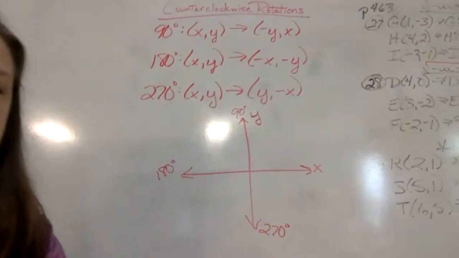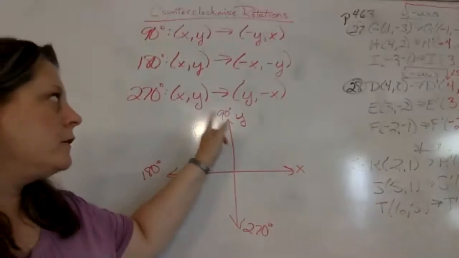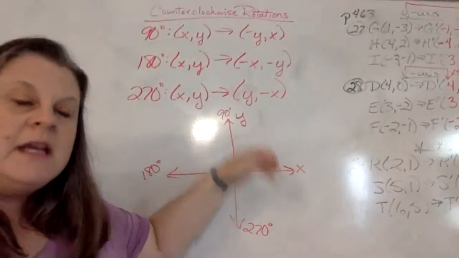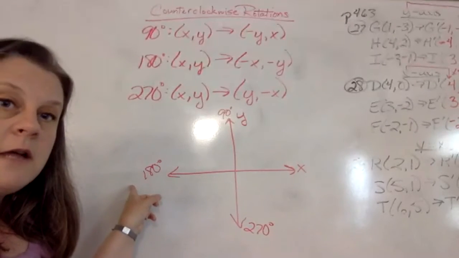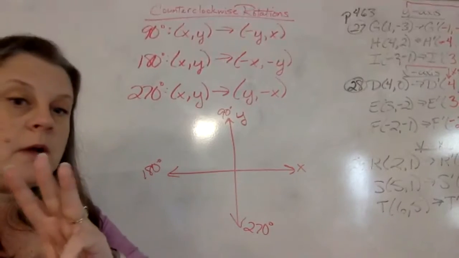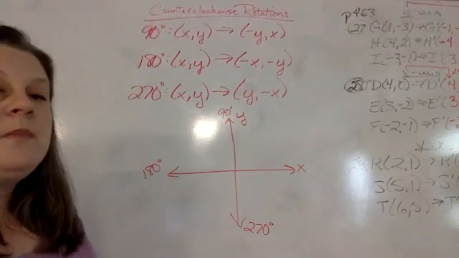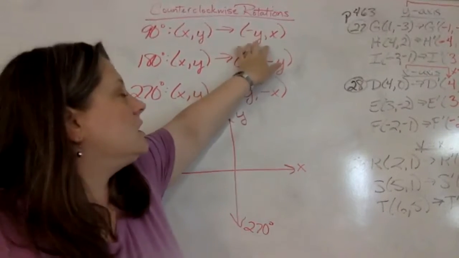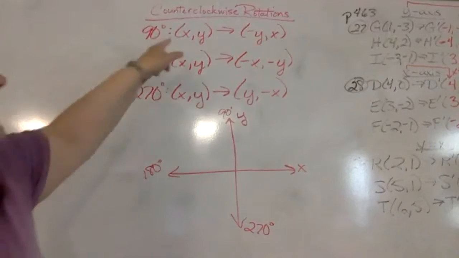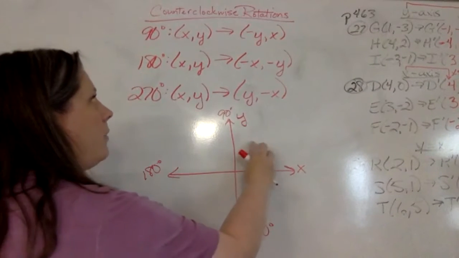So for your rotations, if it's moving one quadrant over, it's going 90 degrees. If it's moving two quadrants over, it's going 180. If it's moving three quadrants, 270. So that's where these degrees come from. Now, the reason these should make sense to you for your rules, (x, y). So here, x and y are all positive, right?